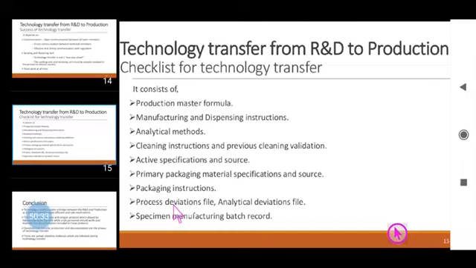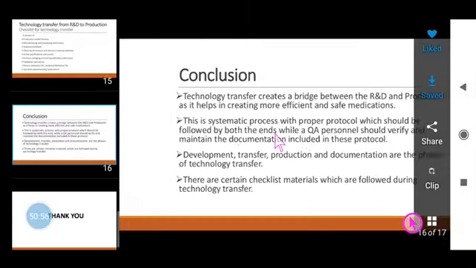So whatever deviations would be there in the manufacturing process as well as in the analytical process must be there in the file. And then specimen manufacturing batch record, so all these things must be there in the complete dossier which is going to be used for the transfer of technology.